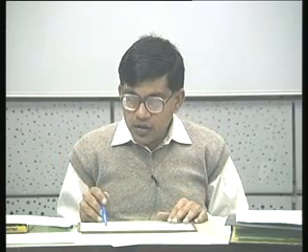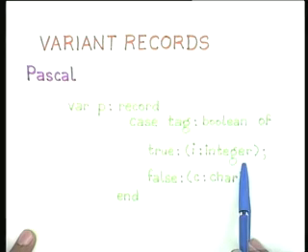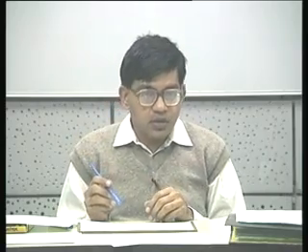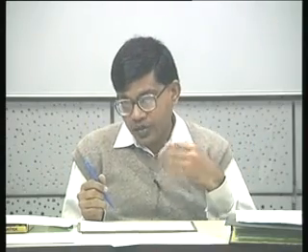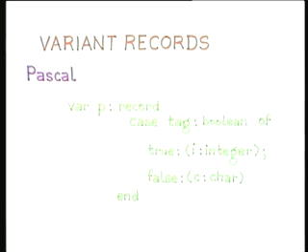So, for example, if you are taking the disjoint union of integers and characters, and you know that there is an element which actually came from the integers, then you could do, for example, addition, subtraction. You could take two different records which both have integer as the parent component, and you could add those values.